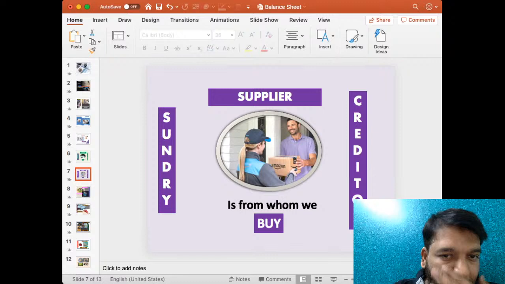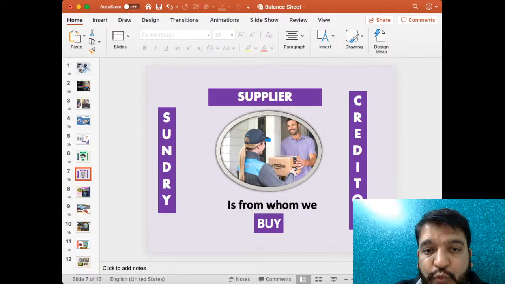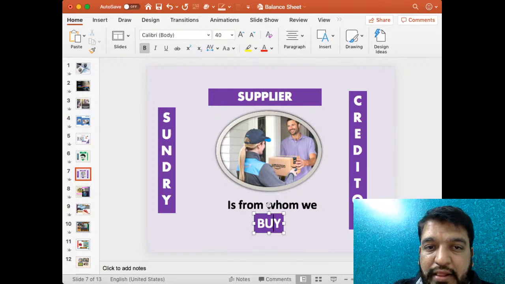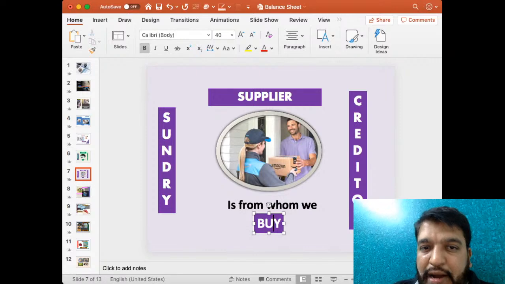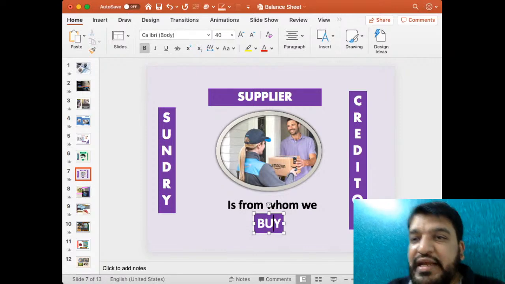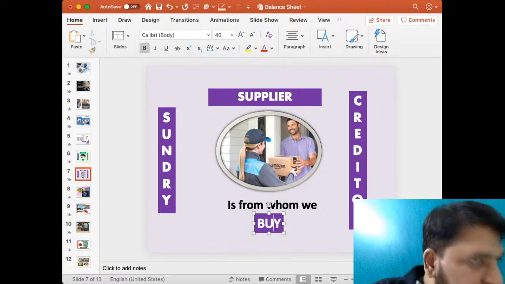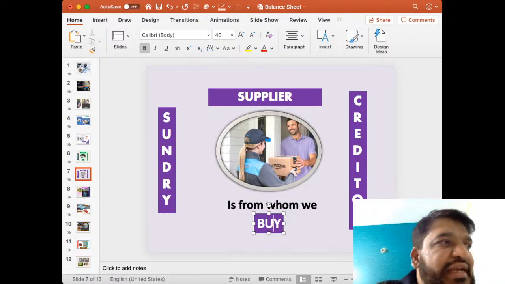So if we buy on credit, then it is called sundry creditor. Sundry creditor is the opposite of sundry debtor.